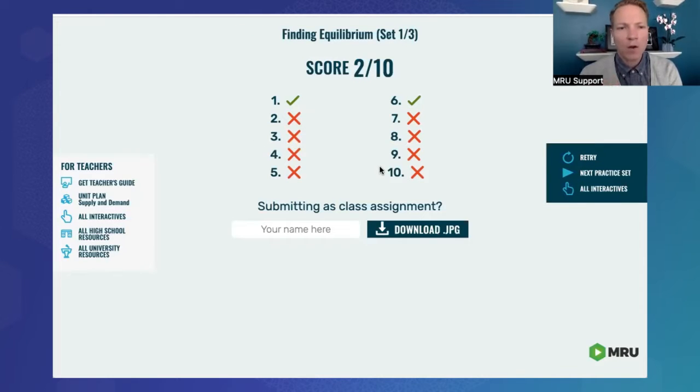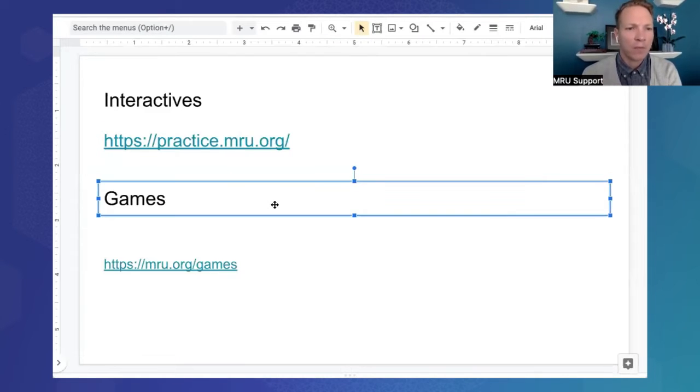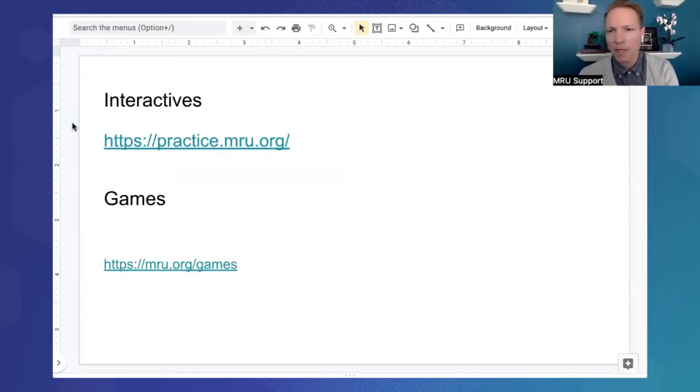At the end, if your students do this, they can download a JPEG and submit it as well. So you can use this as homework, you can use it to play in the classroom, or you can play as a group. Okay, so those are the interactives, but today we're going to be talking about just these fun in-person games.